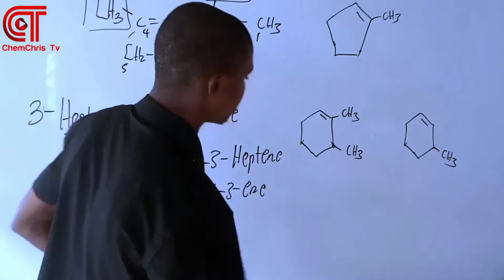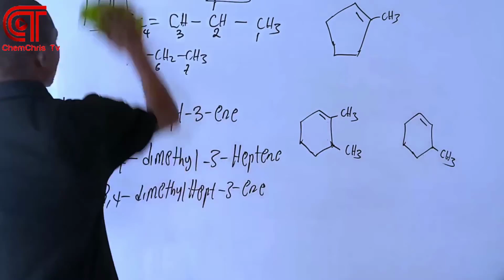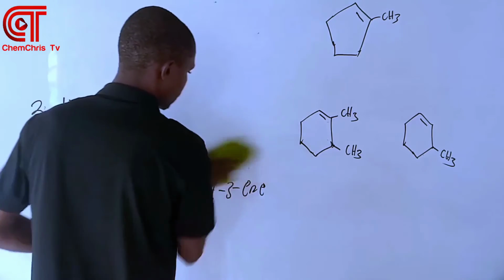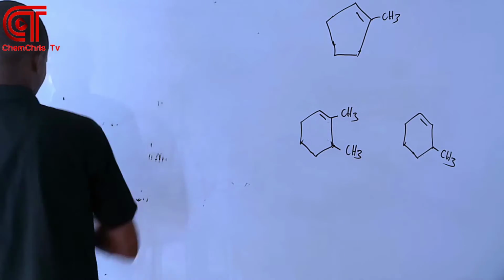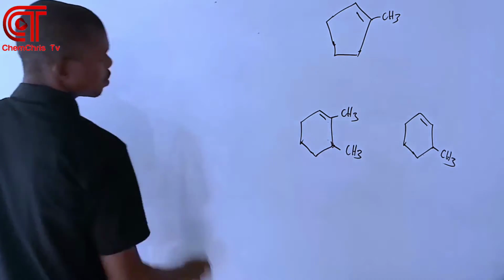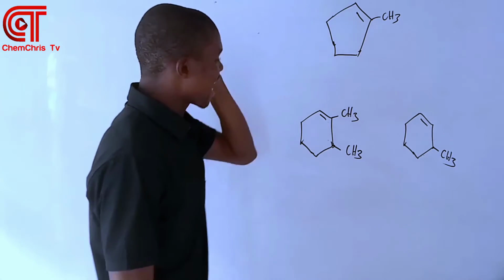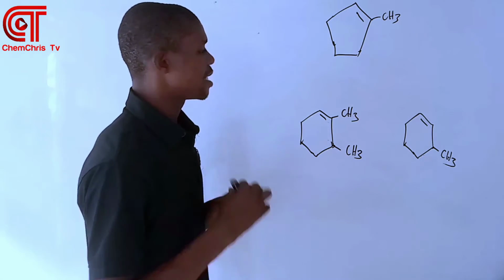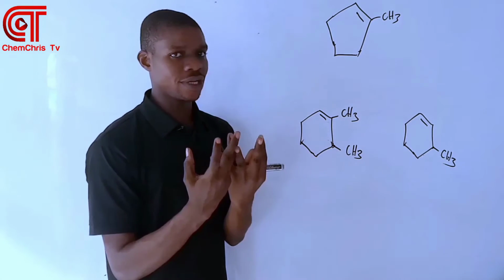So now let's move over to this other one. So now this has cyclo, you get. So now what I want to understand in cyclo is that it is in a ring, do that.